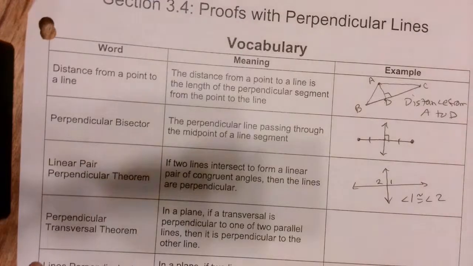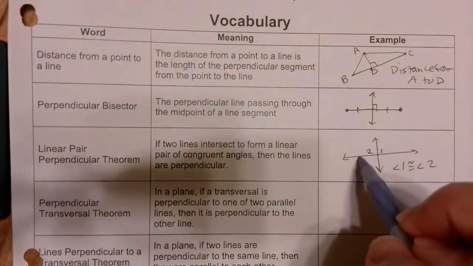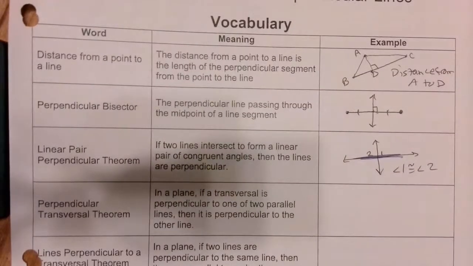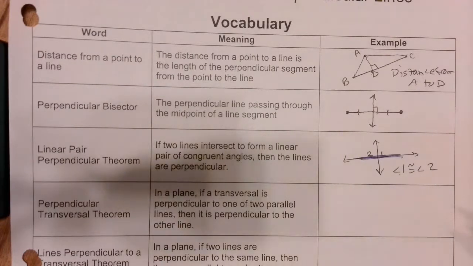Now we also know that angle 1 and angle 2 are a linear pair, that they make a line. The line is right here, right? So what do you know about two angles that make a line? Well, a line is 180 degrees, except angle 1 and angle 2 have to be the same.